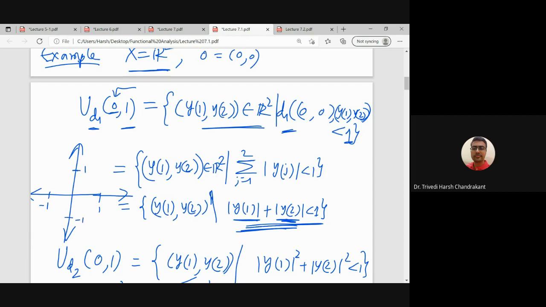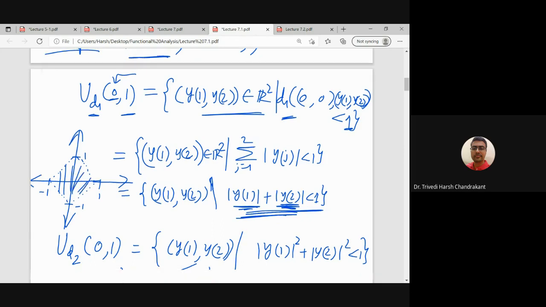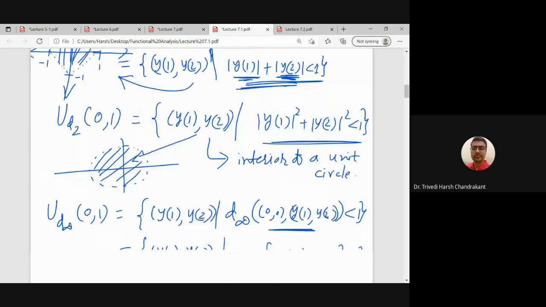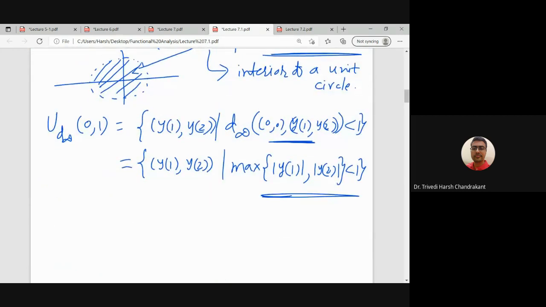And if y1 is increasing, then y2 will decrease. So basically we will get this shape. So interior of this diamond, that is this shape. Geometrically it is this set, and the last one is this maximum.